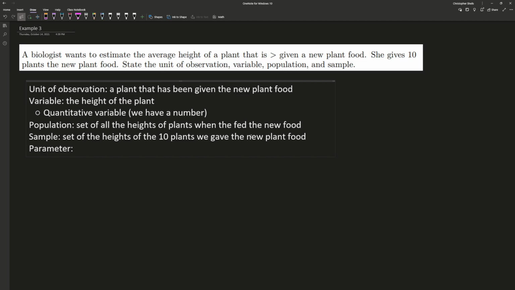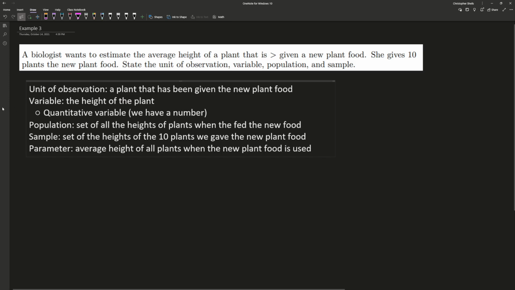Our parameter is going to be the average height of all plants when the new plant food is used. Because here the biologist wants to estimate the average height of a plant that's given a new plant food. So the parameter is going to be the average height of all plants when the new plant food is used.